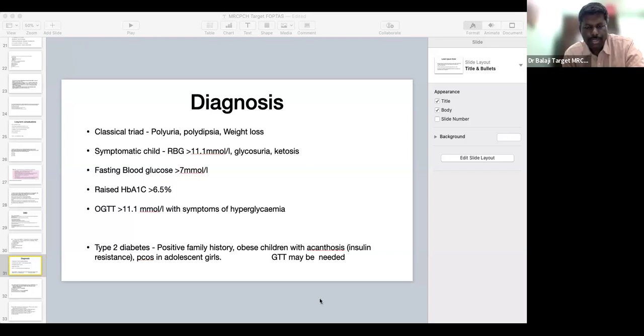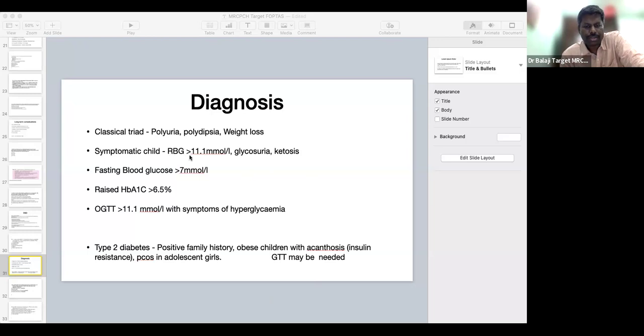You multiply it by 18 for sugar. And for a quick multiplication, you multiply by 20 so that you have some idea where you are, because we are more tuned into milligrams and here it comes in millimoles.